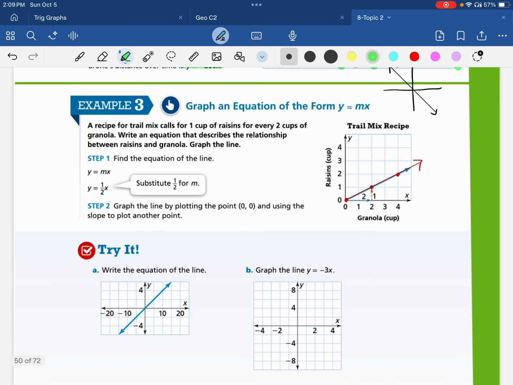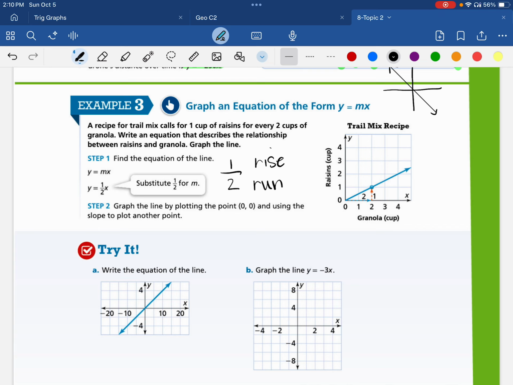Graphing equations, when you're just given the equation, these are actually easiest when we have a fraction. I know that you guys don't like fractions, but it makes it easier. So this slope of 1/2 means that we have a rise of 1 and a run of 2.